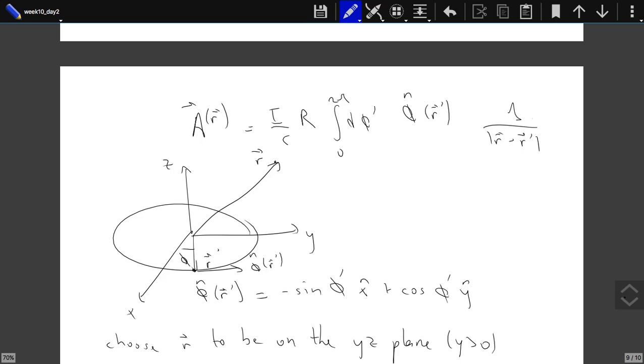Now, y hat vector is just this vector over here. Now, as I'm rotating my system, y hat vector should also rotate. Y hat vector is nothing but the r hat vector. Now, if you have the r hat vector on the yz plane, it just becomes the y hat vector.